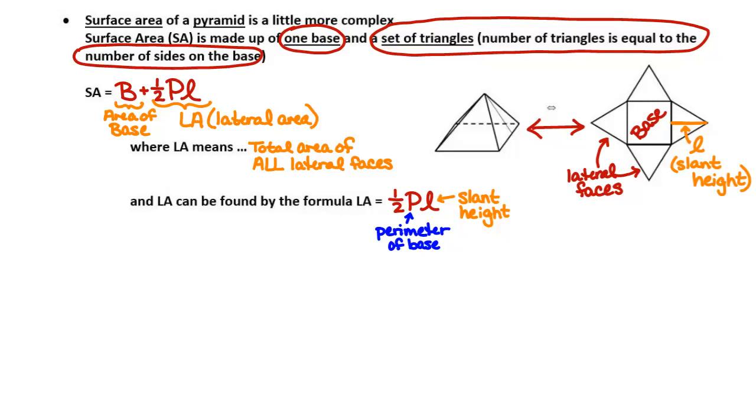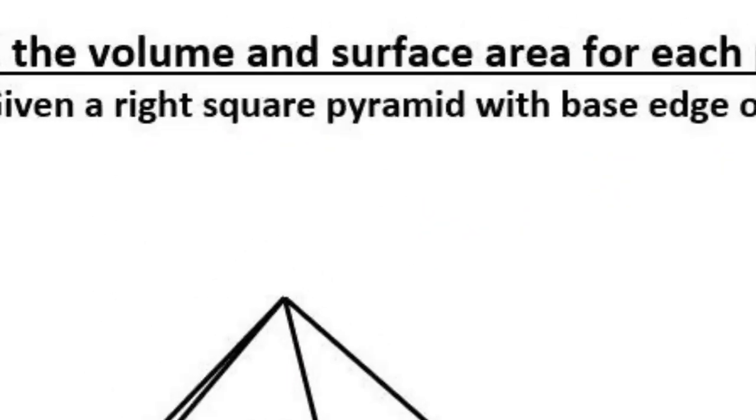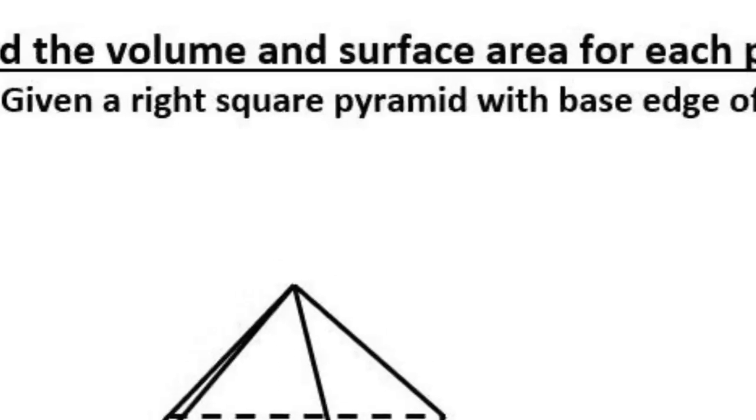We are going to do 1 example on the next page, and then we'll save the other examples for tomorrow. We have just enough time to do 1. So let's flip over to page 6. What kind of a pyramid do we have here on number 1?